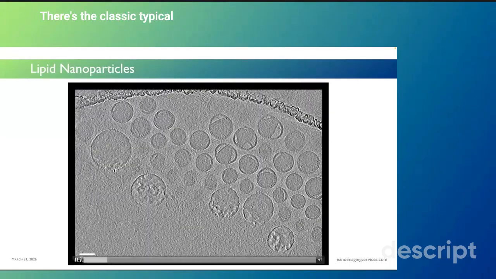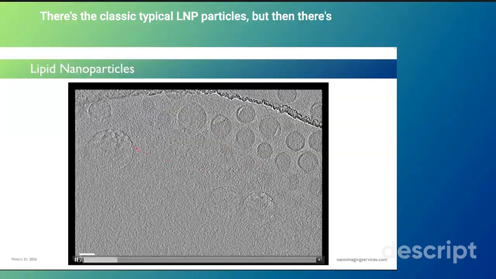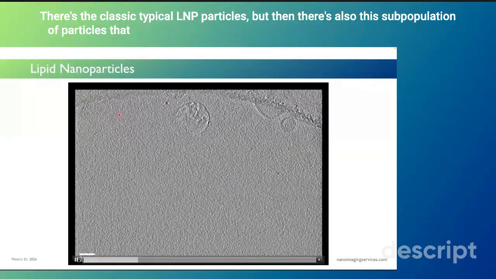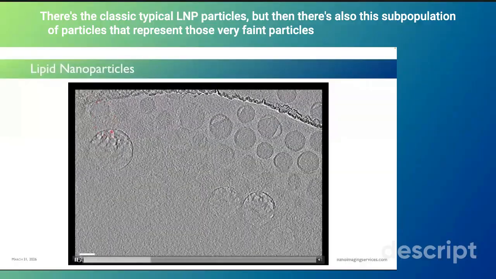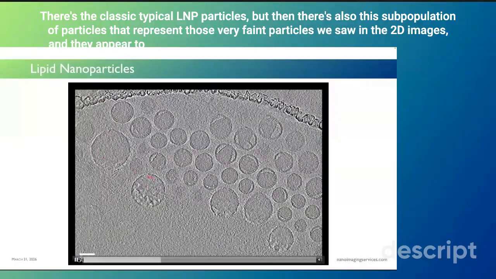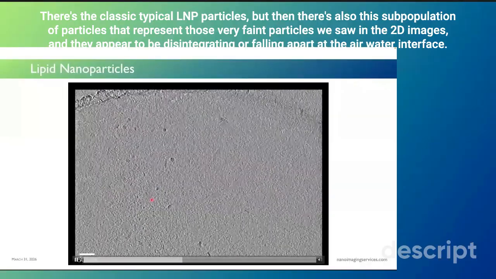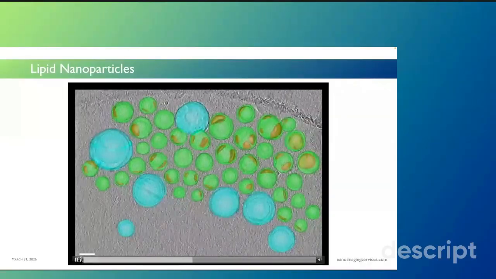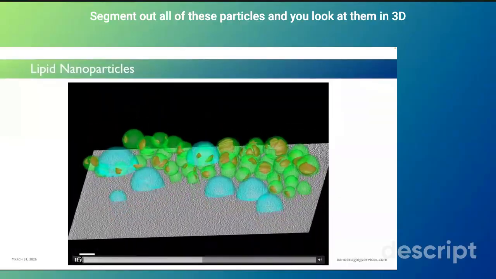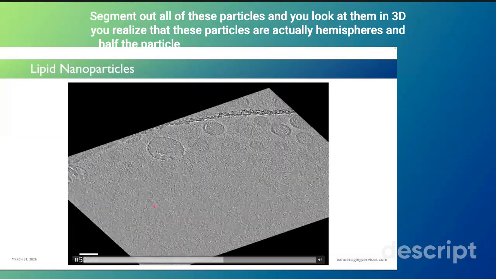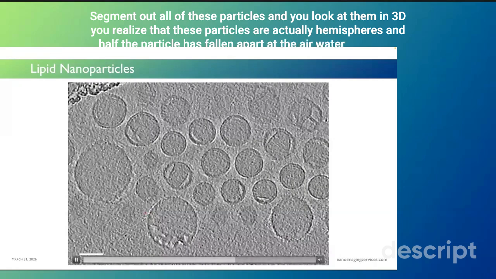There's the classic, typical LNP particles, but then there's also this subpopulation of particles that represent those very faint particles we saw in the 2D images, and they appear to be disintegrating or falling apart at the air-water interface. And so when you segment out all of these particles and you look at them in 3D, you realize that these particles are actually hemispheres, and half the particle has fallen apart at the air-water interface.